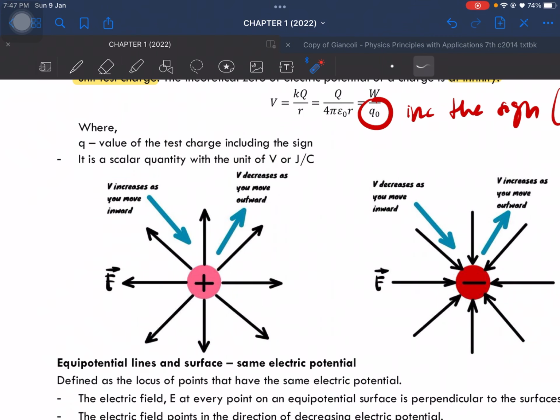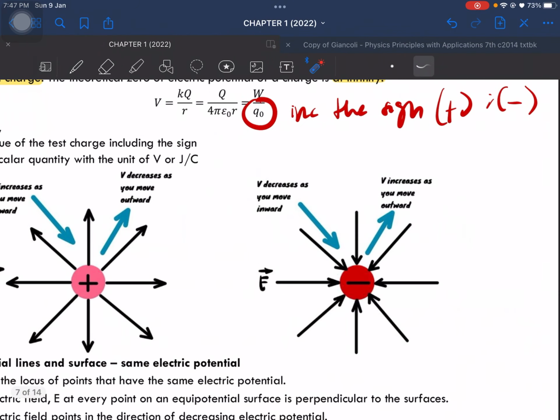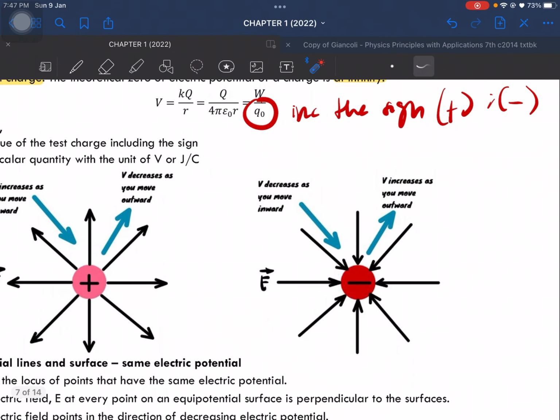Now, for a negative charge, it is the opposite. If you are moving inward, the electric potential decreases, and if you are moving outward, it is increasing.